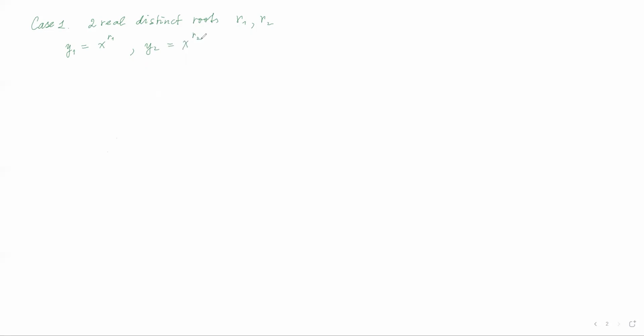You can just check it, but we are going to do it a little bit later. r1 not equal to r2. And the final solution, y, is going to look like the sum of y1 and y2, right? 2 solutions, and that's going to be c1 y1 plus c2 y2, which is going to give us c1 x to the power of r1 plus c2 x to the power of r2. So everything is simple, and eventually we're going to consider an example, but let's talk about other cases.